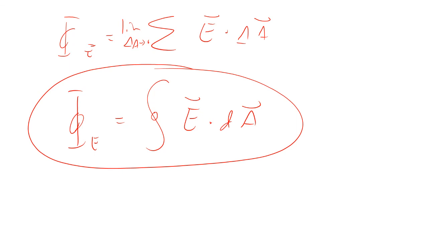So this is our general form for defining electric flux. Now, you're wondering, why do we bother with this whole defining of electric flux thing? Because that turns out to be a very useful concept, which we're about to apply in order to help figure out electric fields.